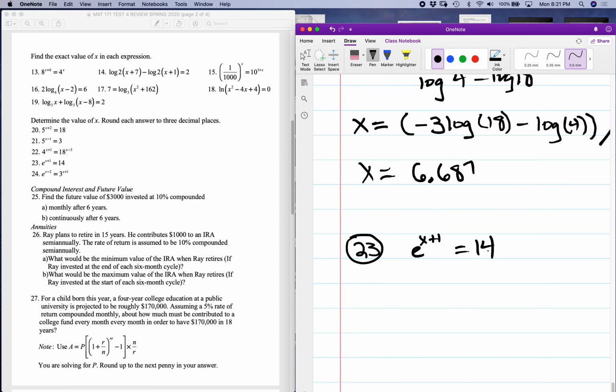For number 23, we have e to the x plus 1 is equal to 14. In this one, you can have x on one side of the equation, and the exponential base is e, so this is going to be a natural logarithmic exponential base. If I take the natural logarithm of both sides, we have the natural logarithm of e to the x plus 1, which goes to x plus 1, equal to the natural logarithm of 14.